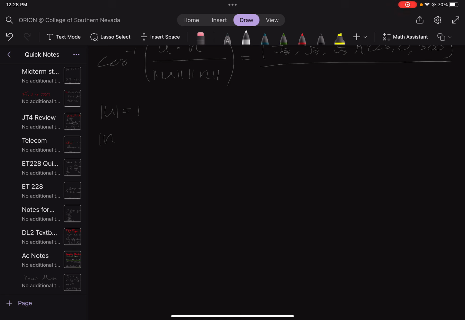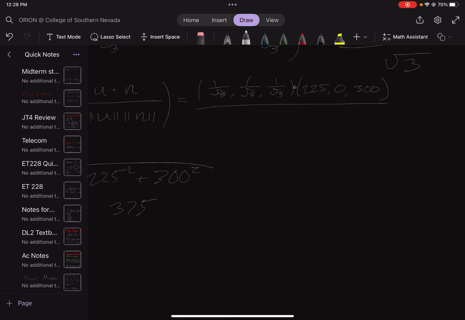So the magnitude of n is equal to the square root of 225 squared and 300 squared, which equals, let me calculate that real quick, 375. Well, would you look at that? The denominator is exactly the same as before.